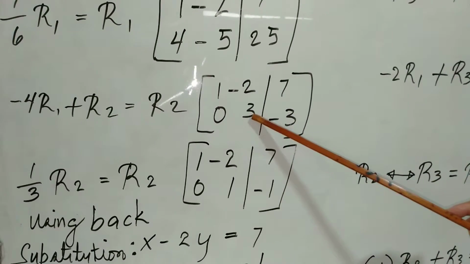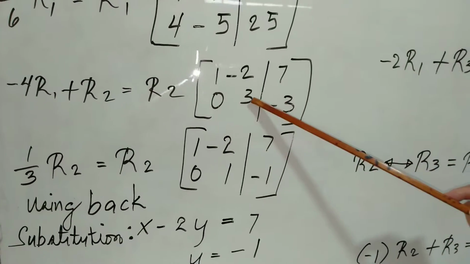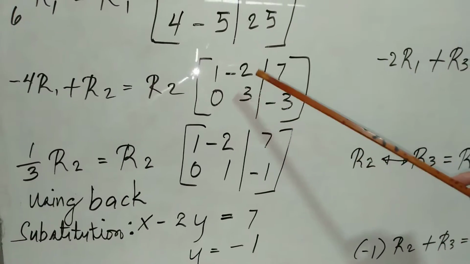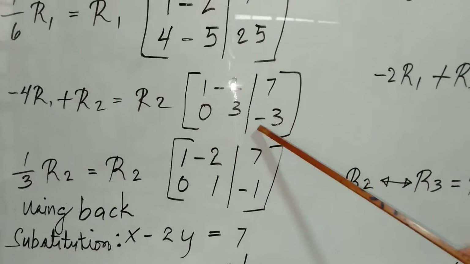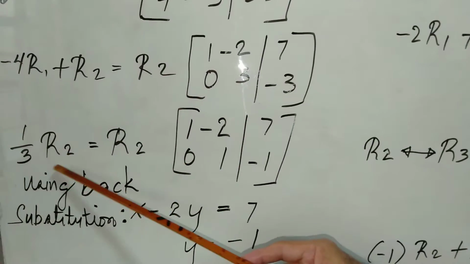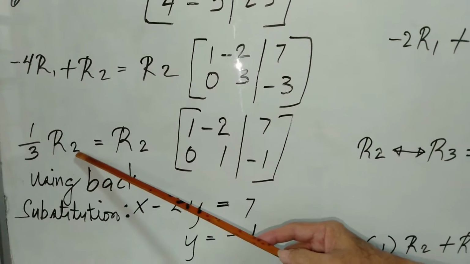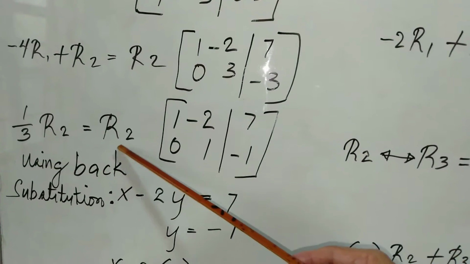So the last step now is to have this row simplified by bringing this 3 here as a 1. So we multiply row 2 by 1/3 and have our product in row 2.